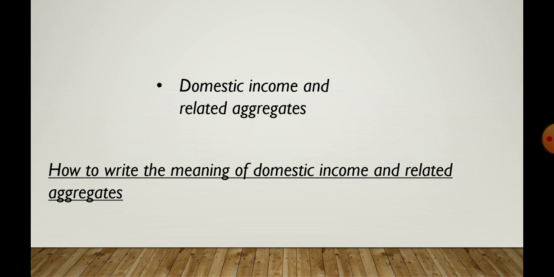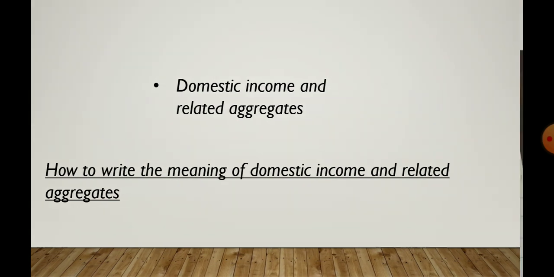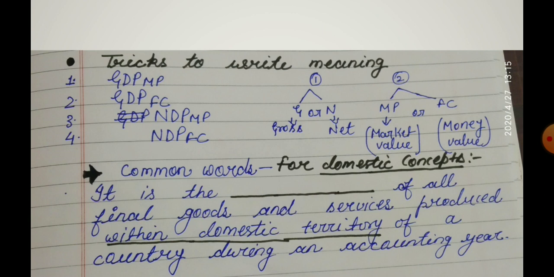Now our main topic, domestic income and related aggregates. How to write the meaning of domestic income and related aggregates? Let me start. Here I have written some tricks to write the meaning.